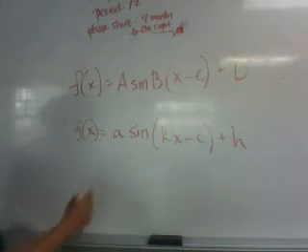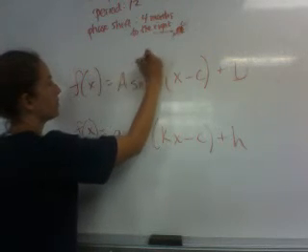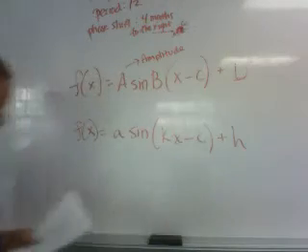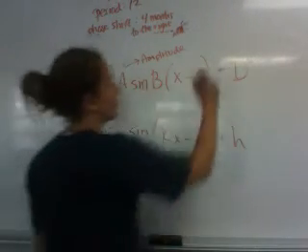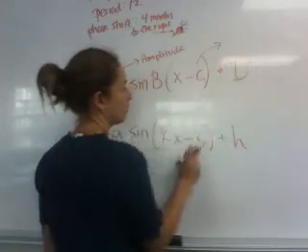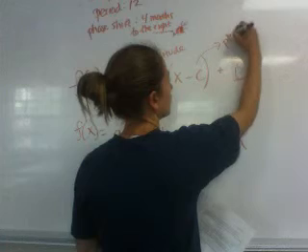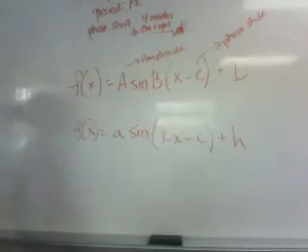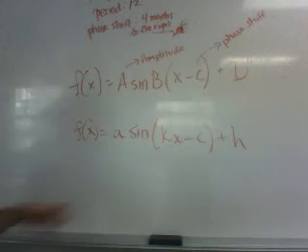So this a and the same, both of these a's represent an amplitude. C, both these c's, both of them, represent phase shift. There's a minus sign in there, so what that means is if it's a positive number and you plug it in, it's going to be negative.